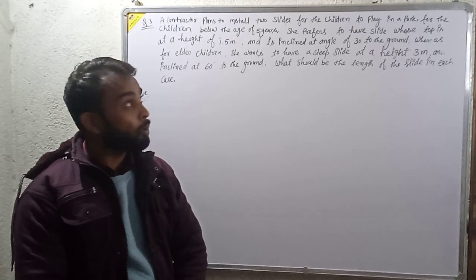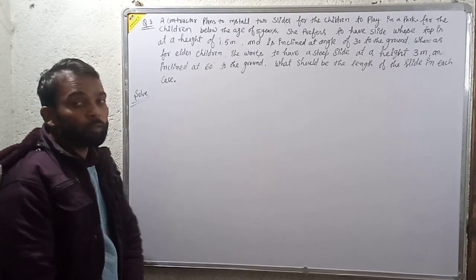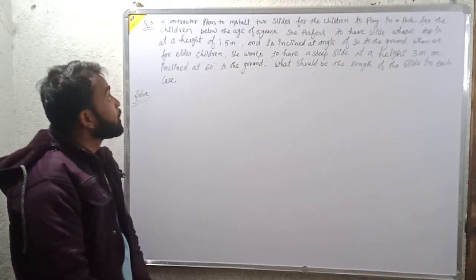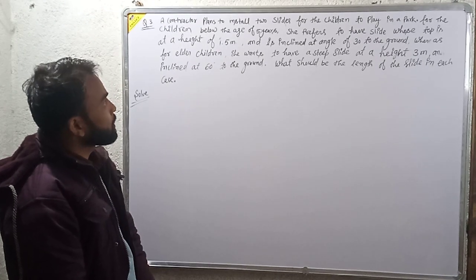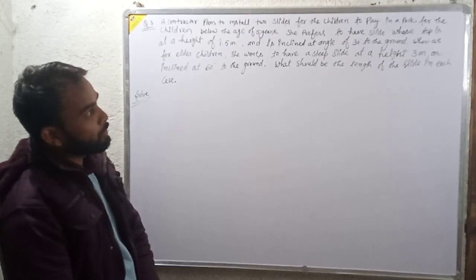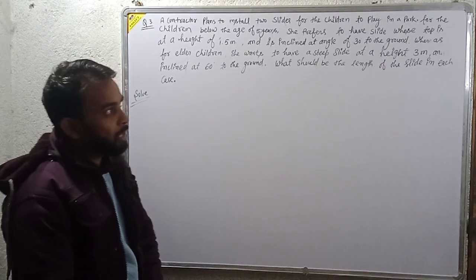Now we have to solve exercise 9.1 question number 3. The question is: a contractor plans to install two slides for the children to play in a park.